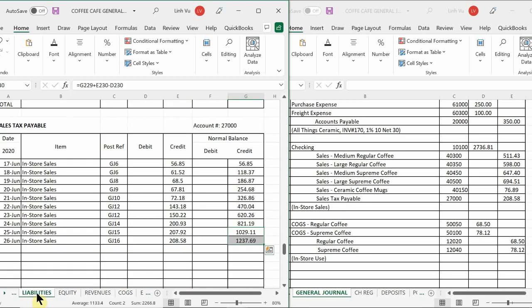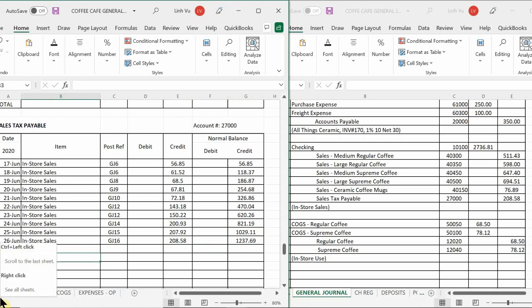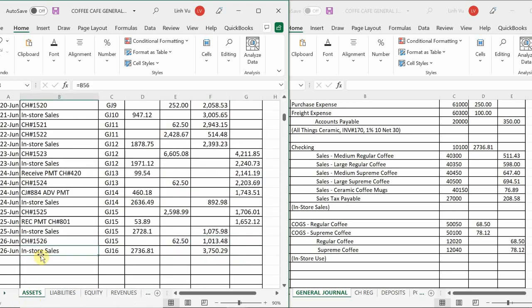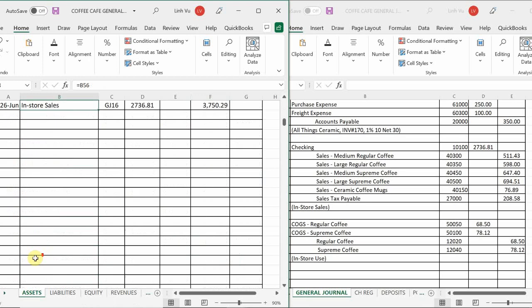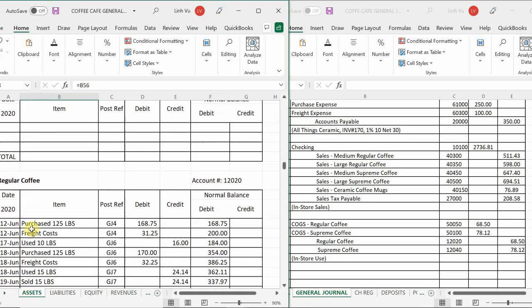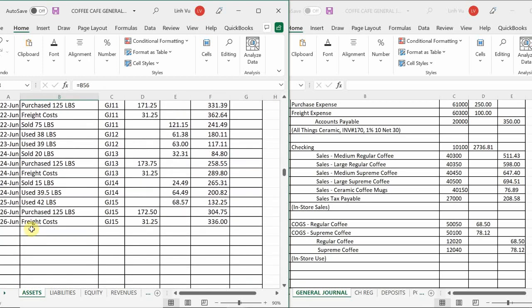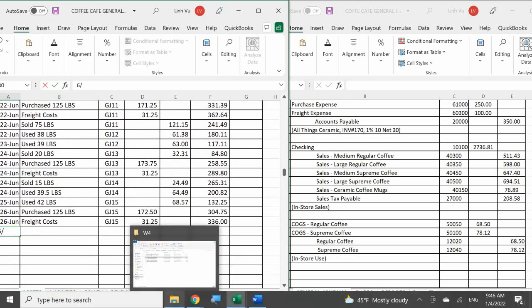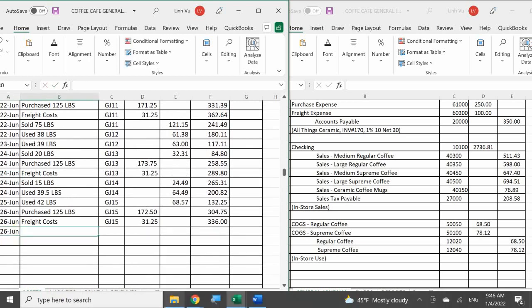And we're going to update our inventory. Here we go, regular coffee. We used 42 pounds for 68.50.